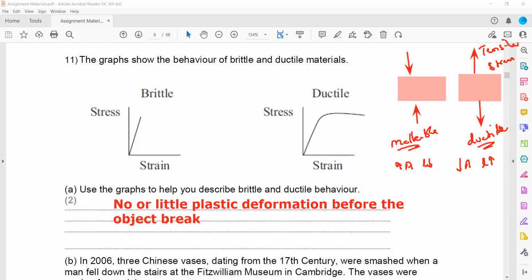And when we apply a force to reduce the size, we call that compressive stress. So if an object undergoes plastic deformation under compressive stress, we call that object malleable. If an object undergoes a greater deformation under tensile stress, we call that ductile.